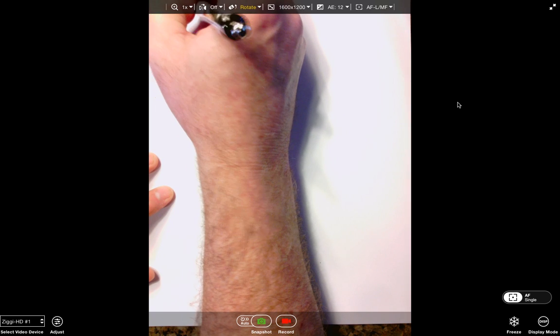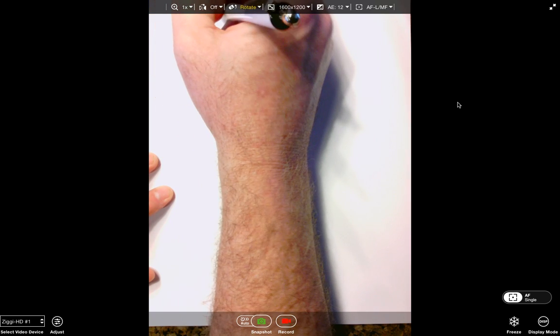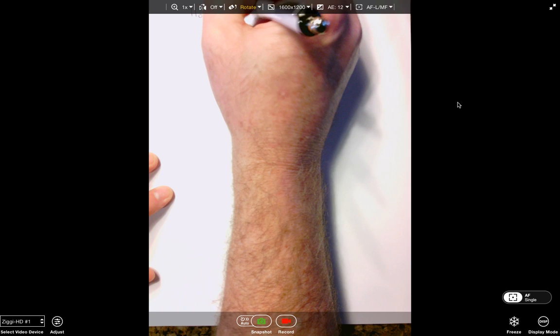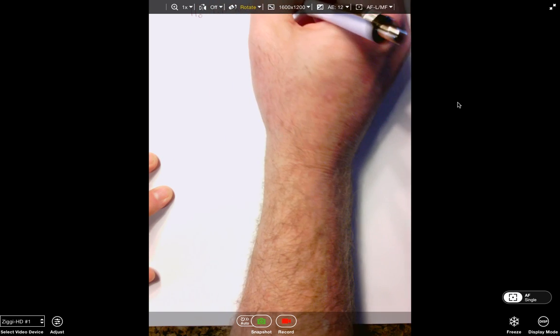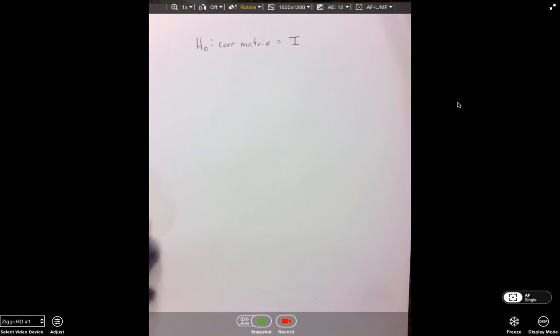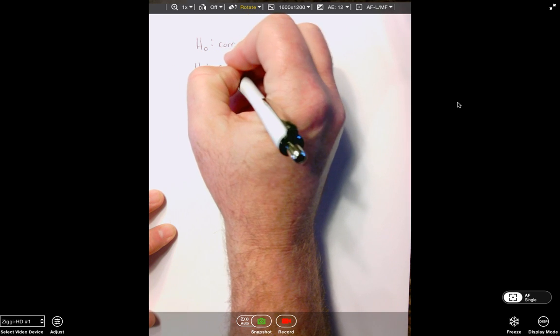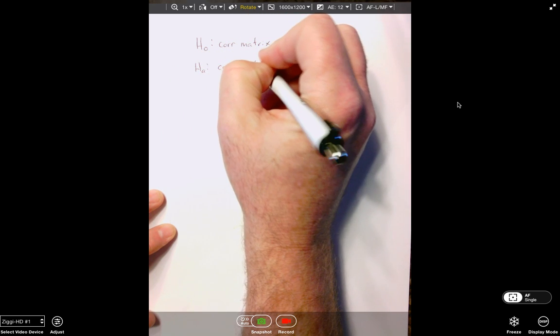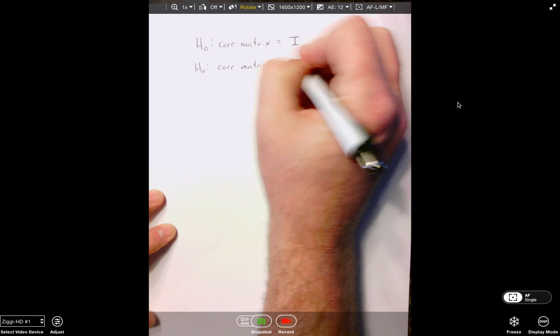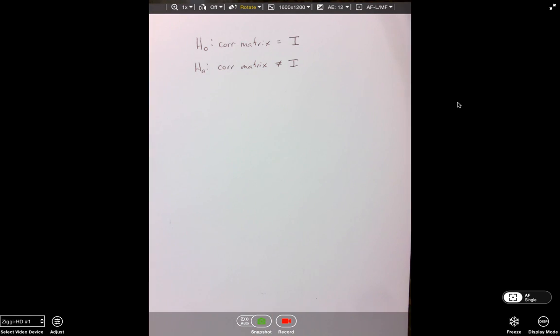So Bartlett's test, the null hypothesis is our correlation matrix is equal to the identity matrix. And the alternative is our correlation matrix is not equal to the identity matrix. Okay?